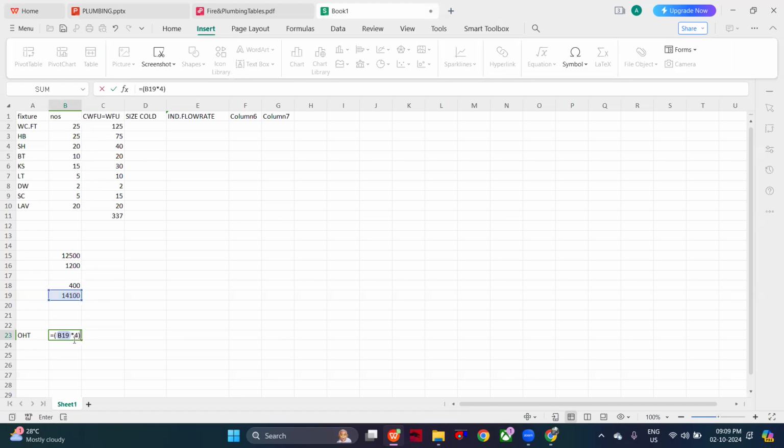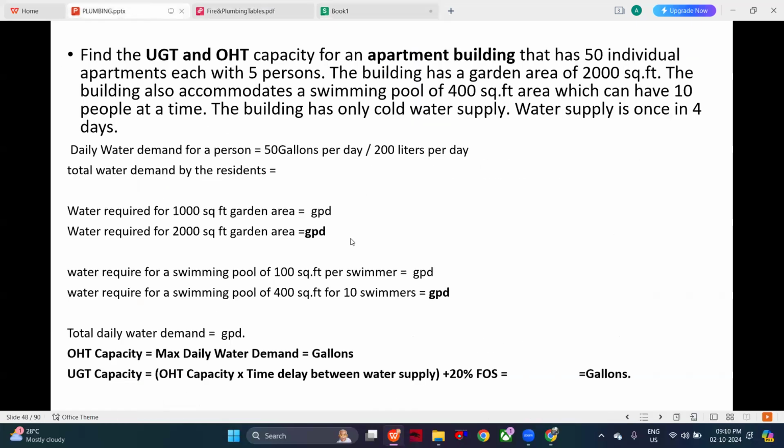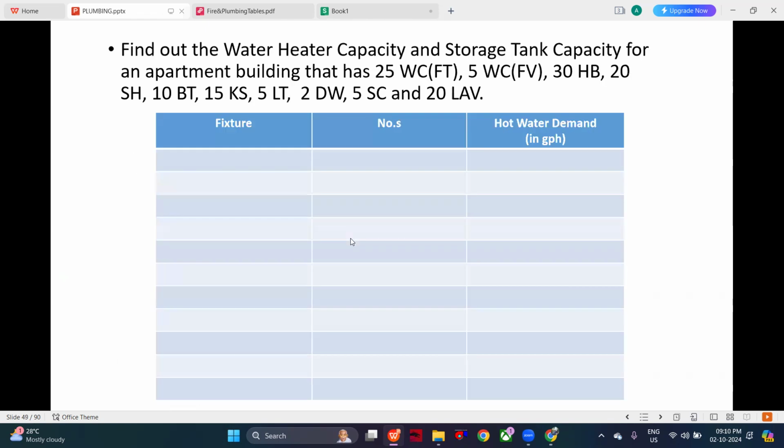Multiply the OHT capacity by the time delay, then plus 20% factor. That gives the gallons for the UGT capacity.